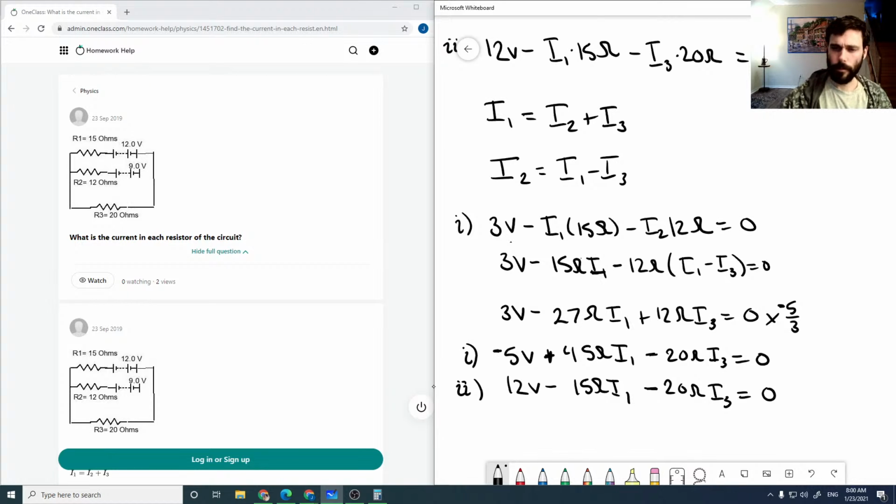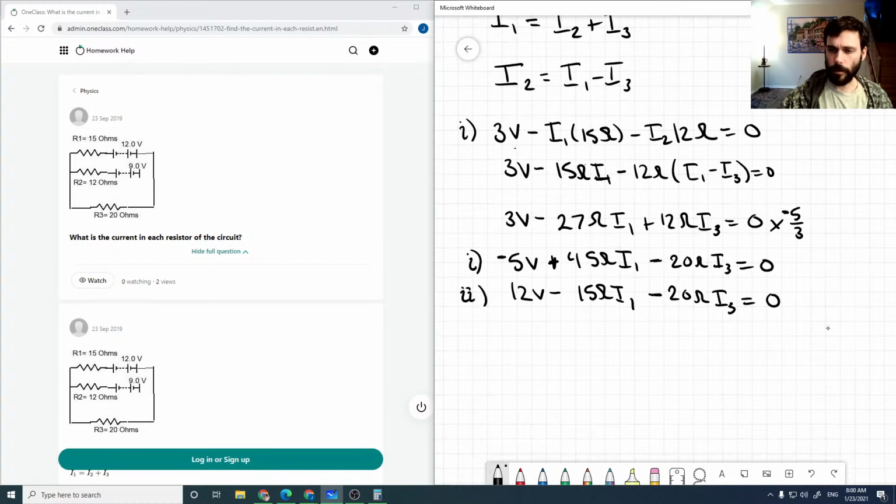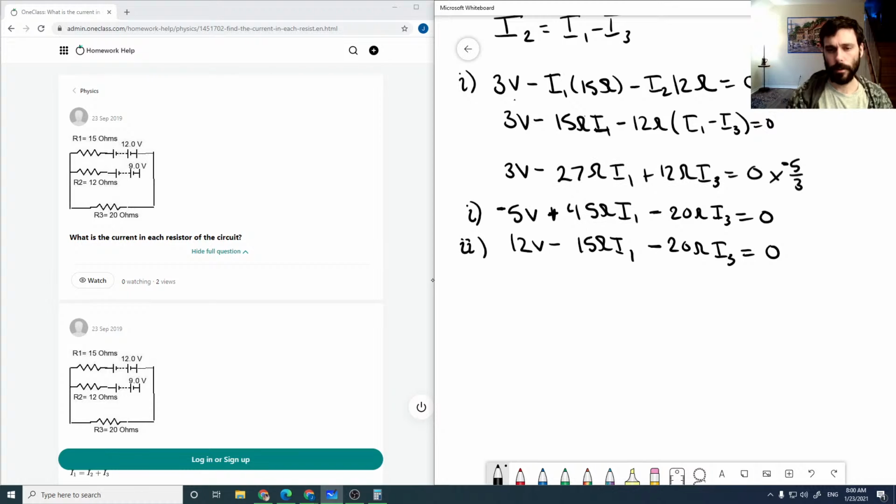And then I think it's fairly obvious why I did that now, because I'm going to take 1 and I'm going to subtract 2. So I get minus 5 minus 12. I'm going to take 2 minus 1. That makes more sense.